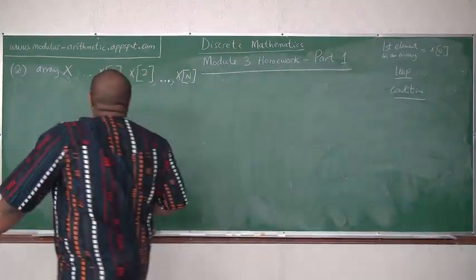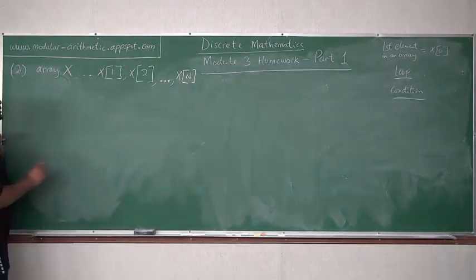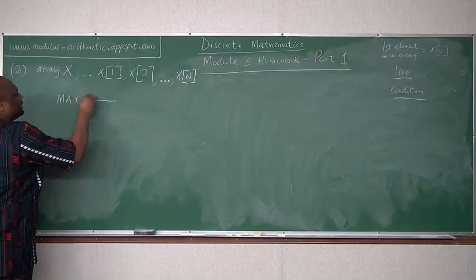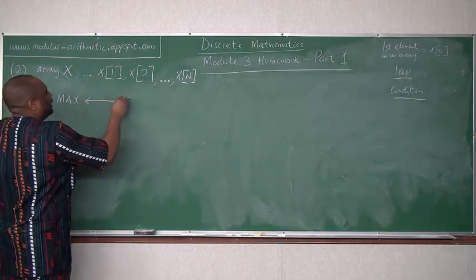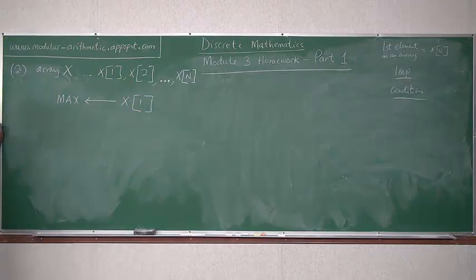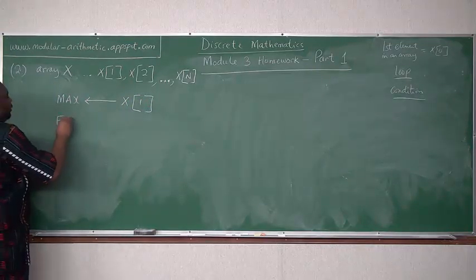Okay, so the first thing we do is we set the max to be the element in the first index, which is the second element. Then we have to introduce a for loop.